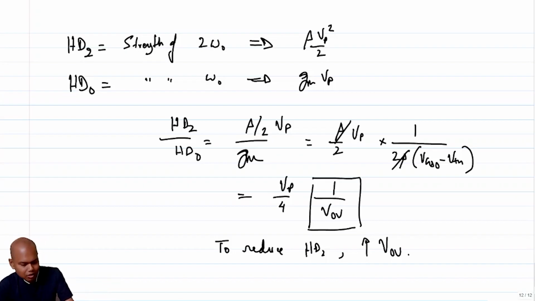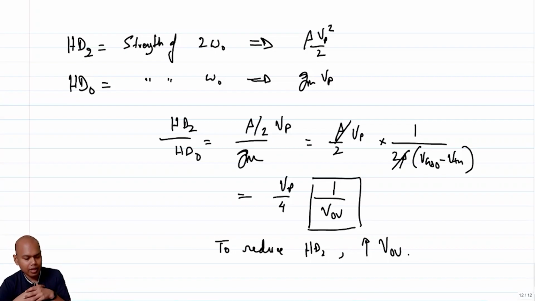In analog and RF circuits, biasing a transistor with a higher overdrive voltage has benefits: faster frequency of operation, reduced noise, and reduced harmonic distortion. The only disadvantage is that you will run out of headroom.